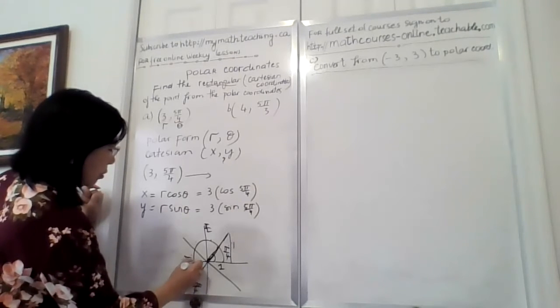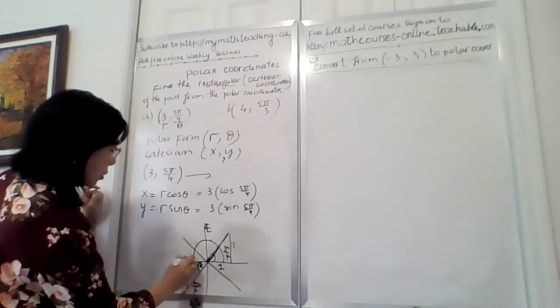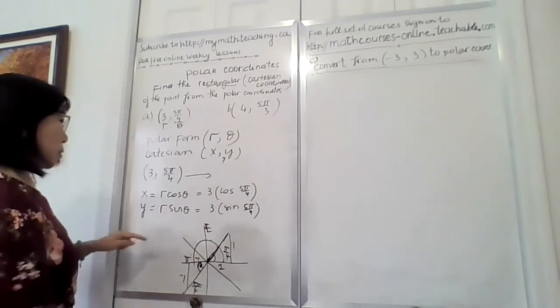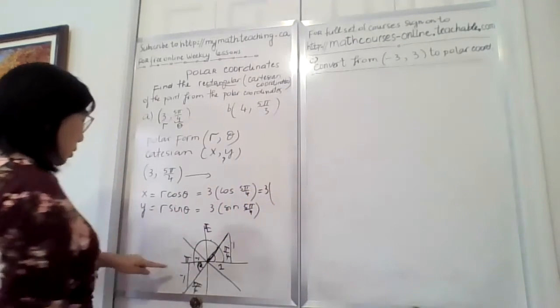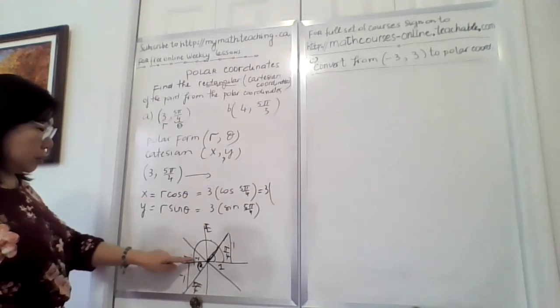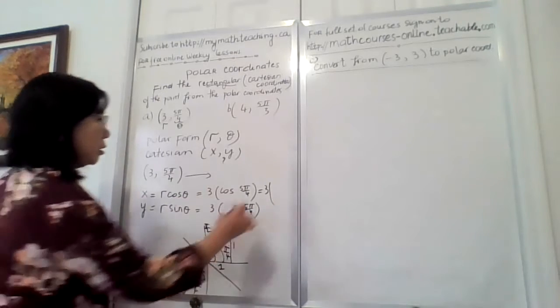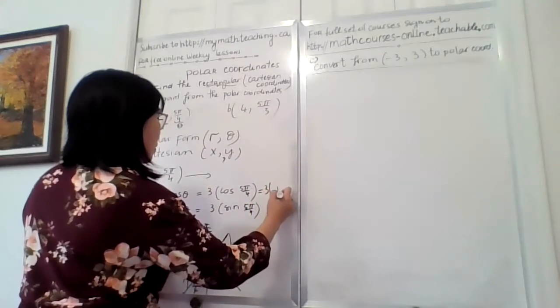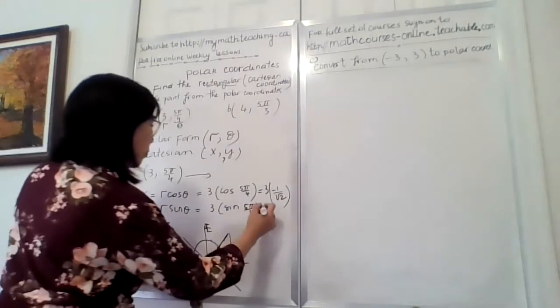So this is minus 1, and this is also minus 1. So substituting, we have 3 times the cos of 5 pi over 4, which is minus 1 over square root 2. And the sine is also the same.